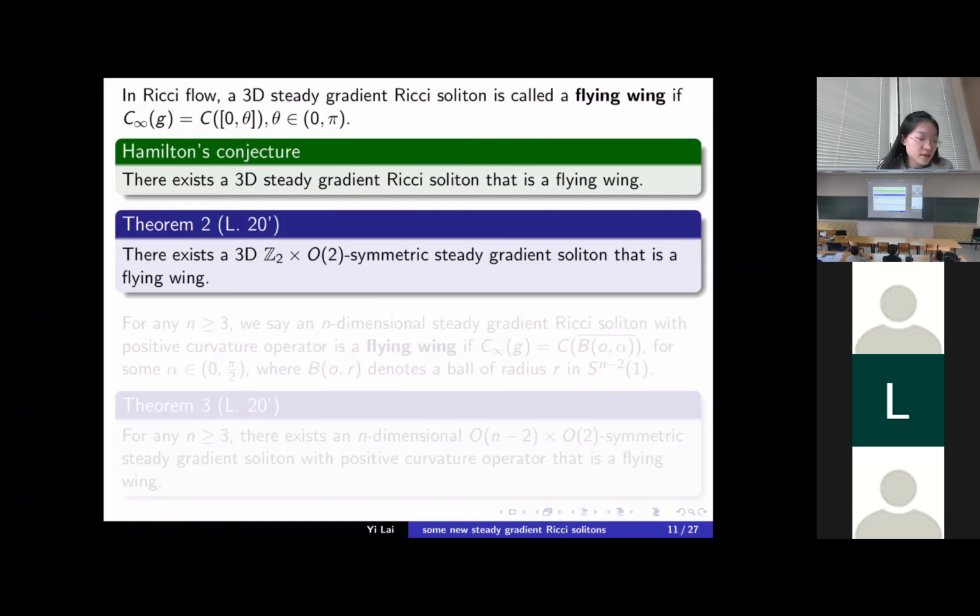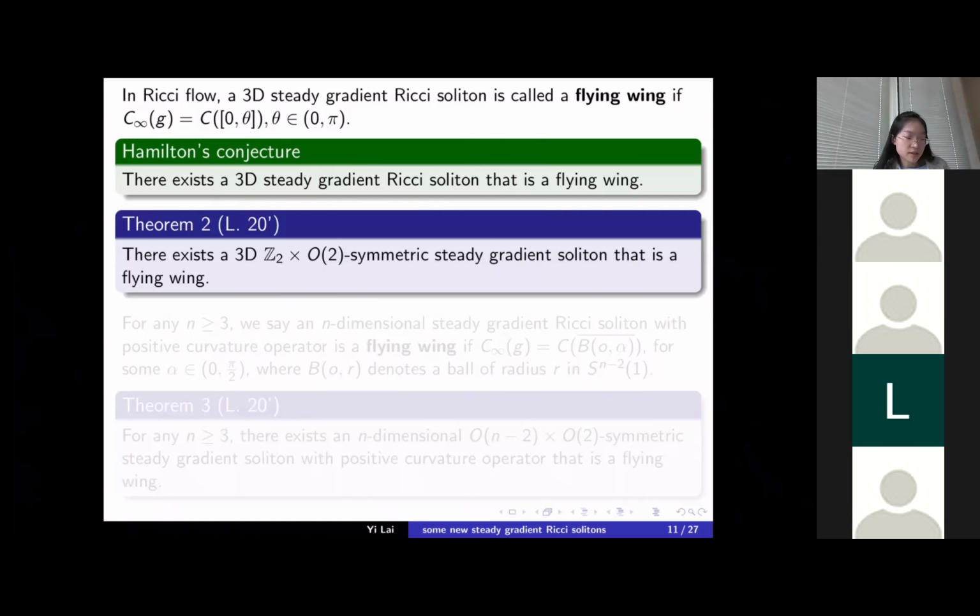Okay, so now our second theorem confirms this conjecture, and we find such flying wings, which are Z2 cross O2 symmetric. Again, I owe you some pictures that I'm going to show you at the end of this part.